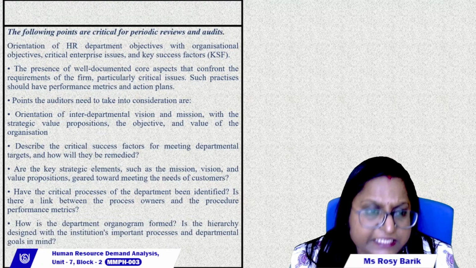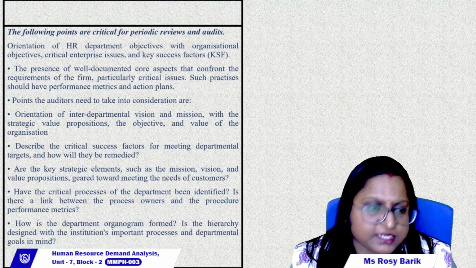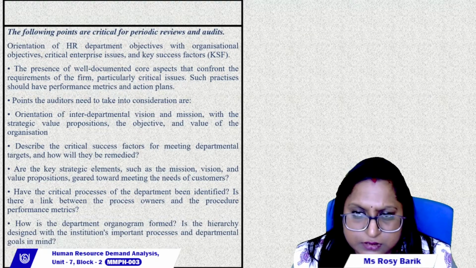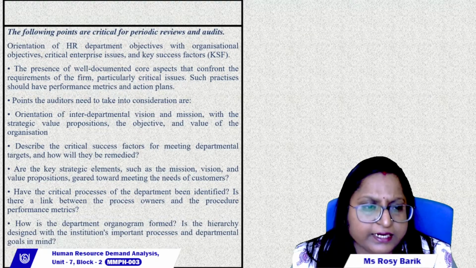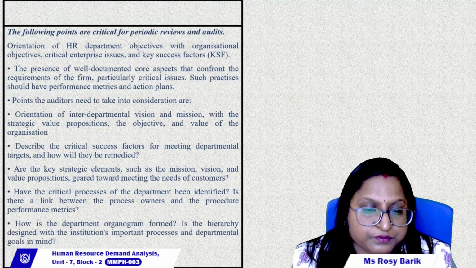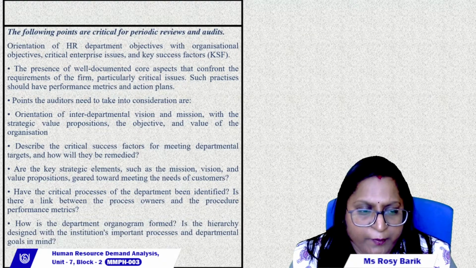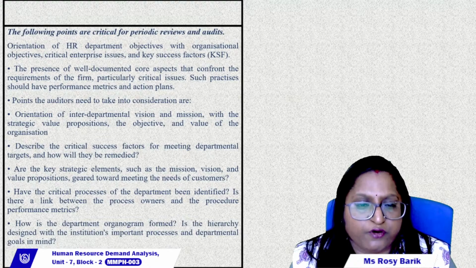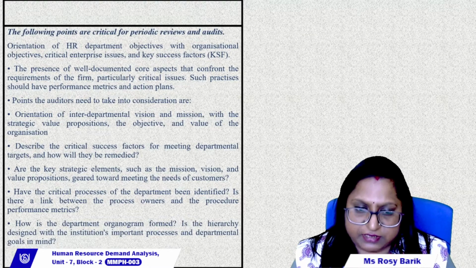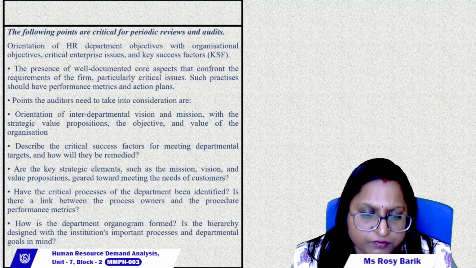Are the key strategic elements such as mission, vision, and value propositions geared towards meeting the needs of the customers? Or have the critical processes of the department been identified? Is there a link between the processes, the owners, and the procedure performance metrics? How are the department's programs performed?